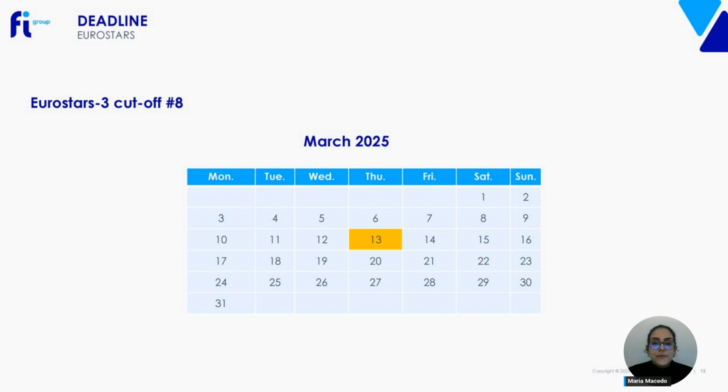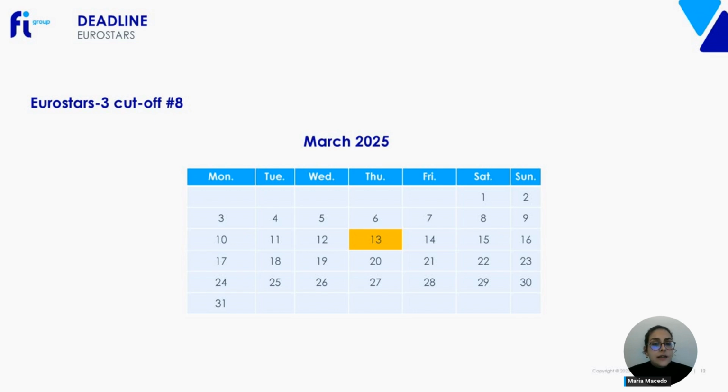Finally, just to highlight once more before we finish, the deadline for the Eurostars 8th call is the 13th of March this year. And so, if you intend to submit a proposal, now is the time to start preparing it in order to submit it successfully.